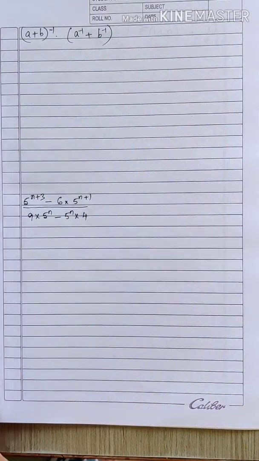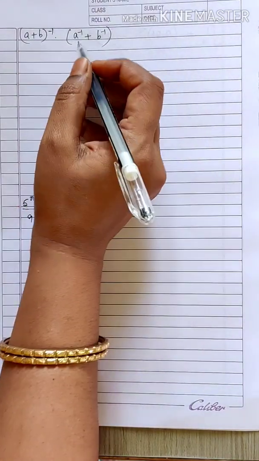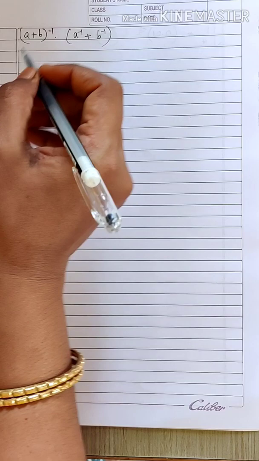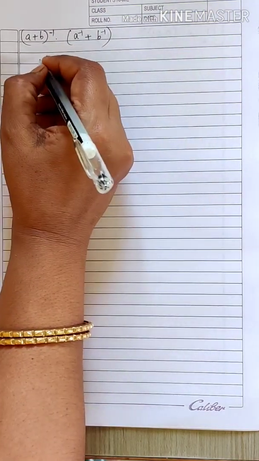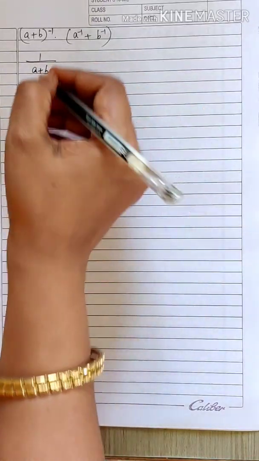Moving to the next sum, a plus b to the power of minus 1 into a to the power of minus 1 plus b to the power of minus 1. Now, whenever you have a negative power, convert this into positive power by bringing the term to the denominator.